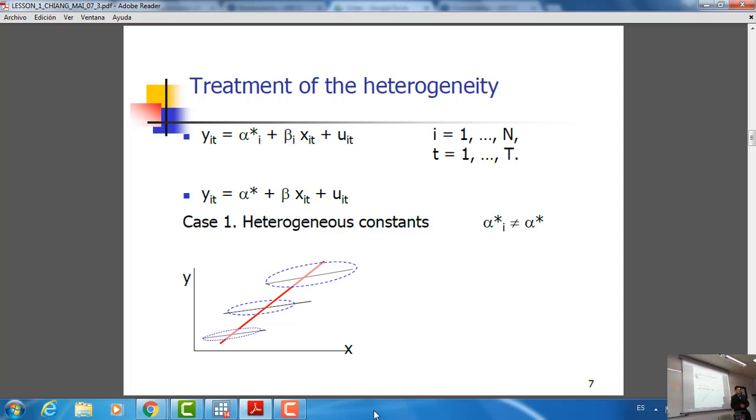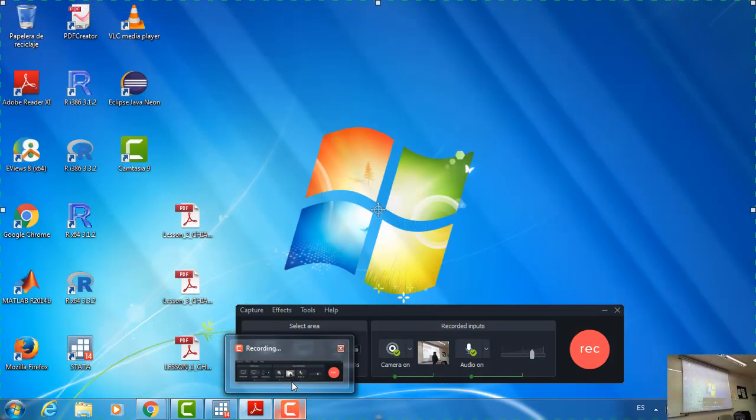One big issue in the treatment of panel data is the treatment of heterogeneity. Heterogeneity in econometrics is something that you rarely hear about, but it is very important. It is central, it's crucial. There are two sources of heterogeneity.